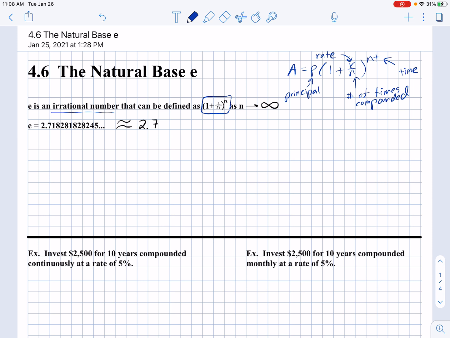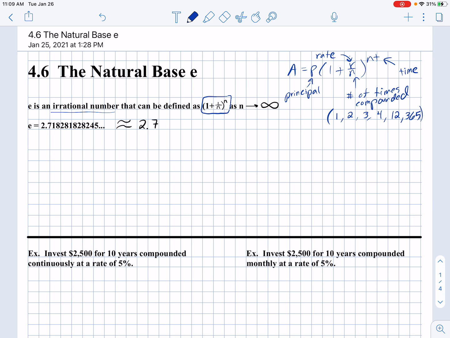But now we're going to take the number of times interest is compounded and slowly start increasing it. If we plugged in a 1, that means interest is compounded annually. If we plugged in a 2, that would be semi-annually. 3 would be 3 times a year. 4 would be quarterly. And then if we keep going, monthly, and we can go every day.